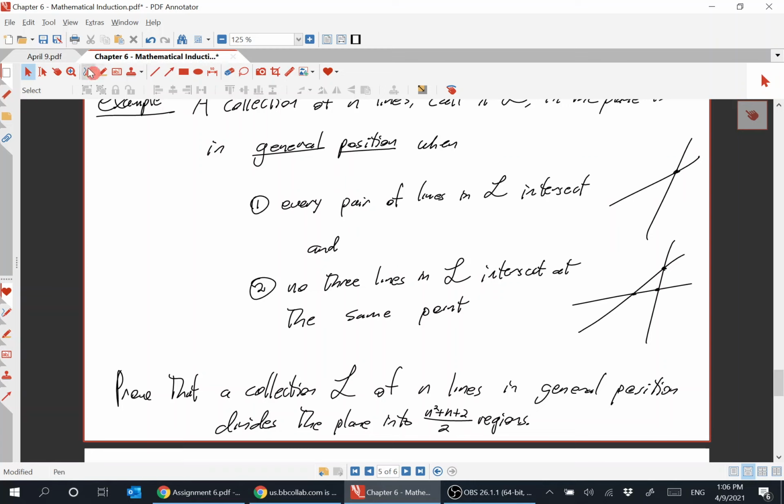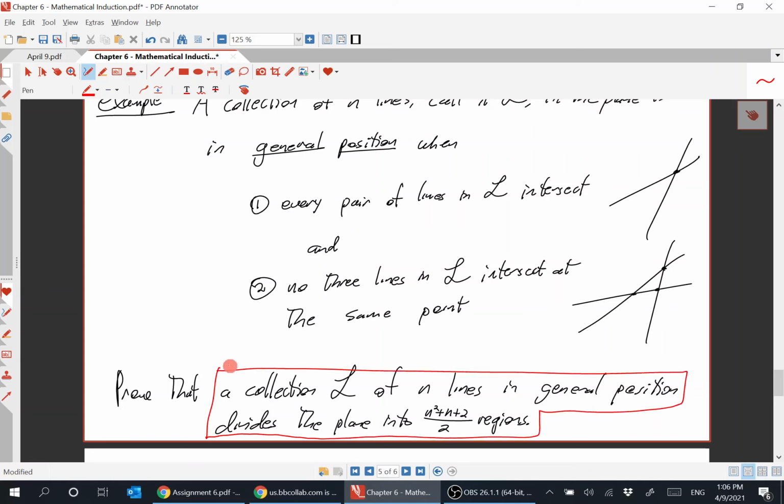Yeah, it's this sentence right here. Exactly. This is Pn. It's a sentence that is either true or false. And so this is the predicate Pn.